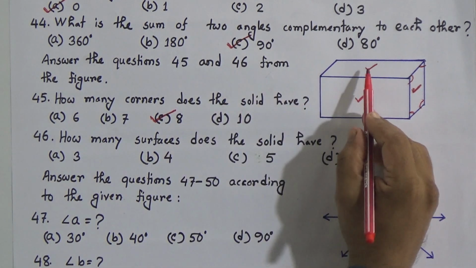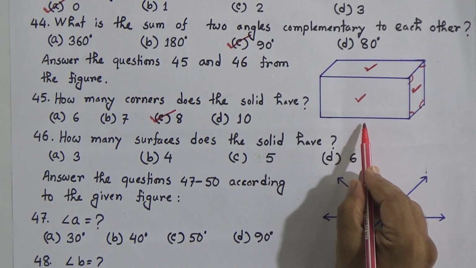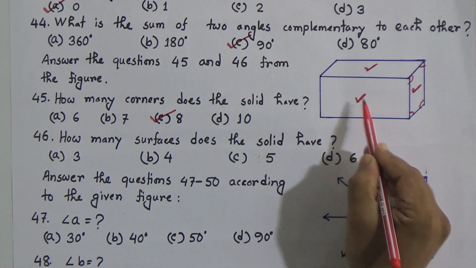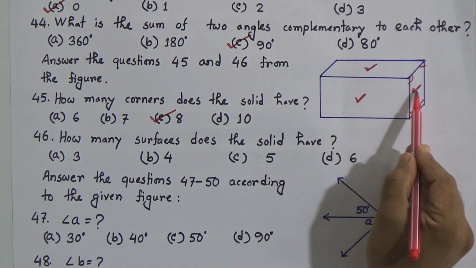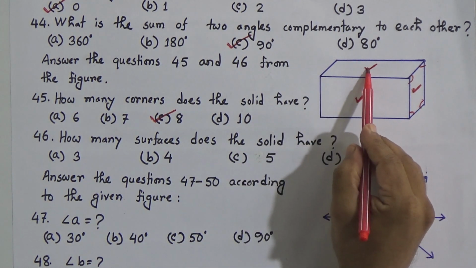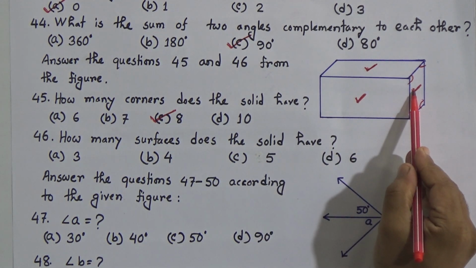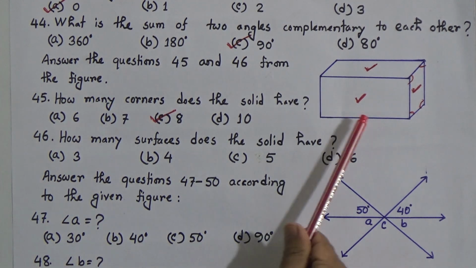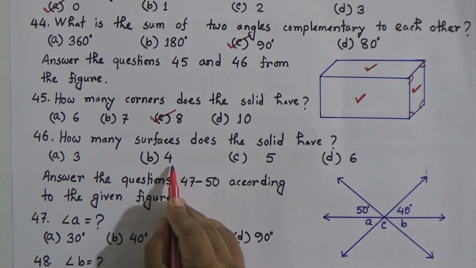This surface is on the top, so on the bottom of this solid there is another surface, and this one is in the front, so at the back of this solid there is another surface. So 3 plus 3 equal to 6. So this solid has 6 surfaces. Our answer will be 6. The options are 3, 4, 5, 6.